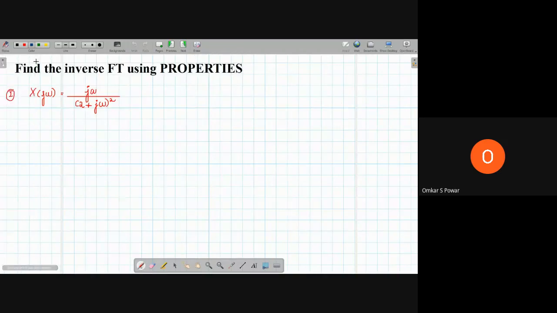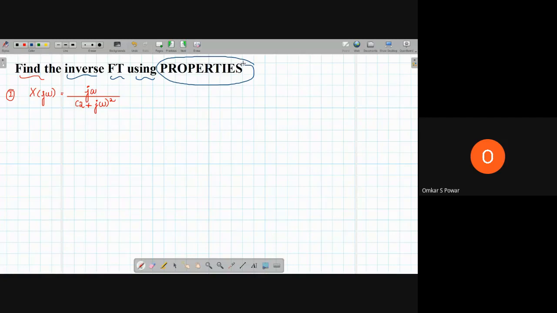So let me go to another set of problems. So here they have mentioned correctly. First, what is the main thing? What I ask you every time is to understand the question. If you understand the question, most of the things get simplified. So what's the question here? Find the inverse Fourier transform using the properties.